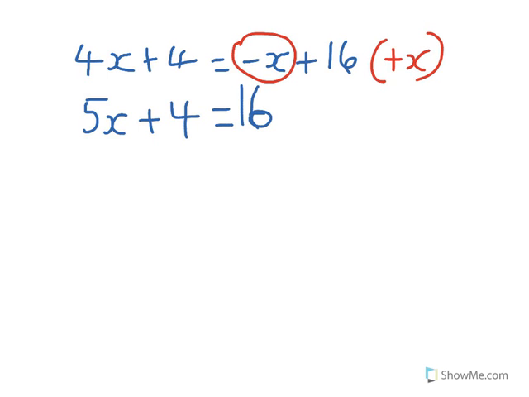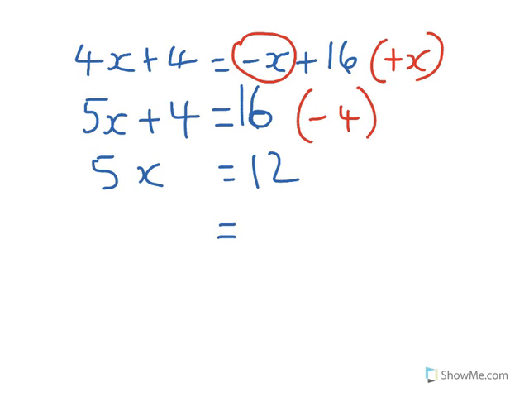Okay, what do we do next? We will minus 4 from both sides, so we have 5x equals 12. Okay, this isn't going to work out very nicely, but we're going to go with it.